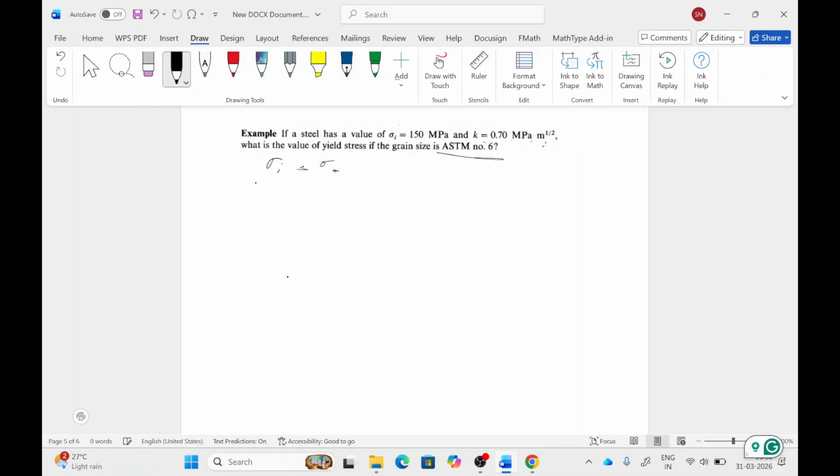So for ASTM number 6, we have to take the formula N equals 2 to the power G plus something. ASTM is the American Standard for Testing Materials.